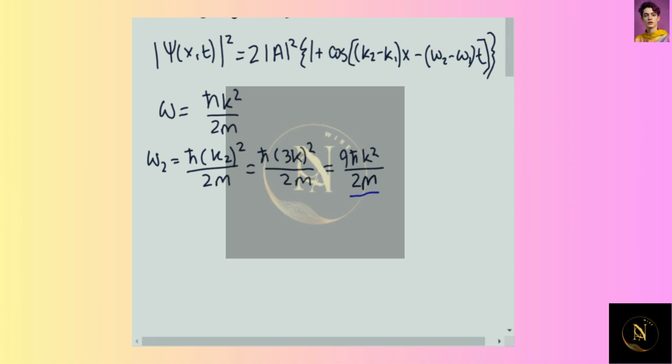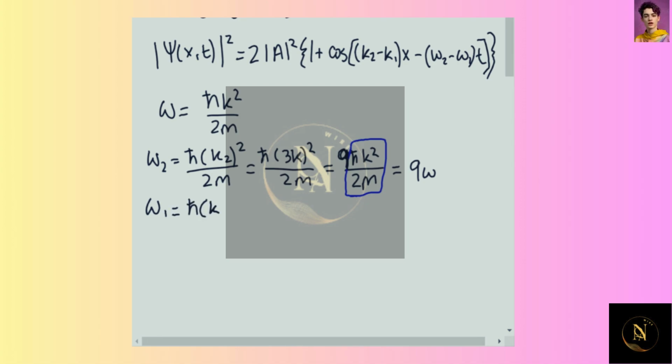You can see that's still a 9. The part circled in blue is equal to our original omega. So now our omega sub 2 is equal to 9 omega. Same thing to solve for omega sub 1.